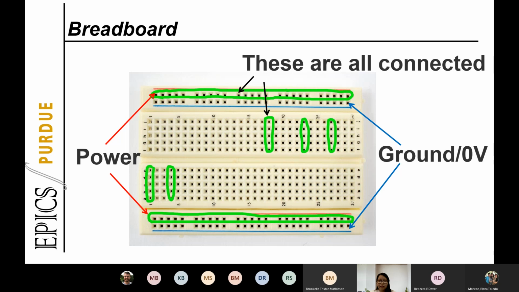What is important is that if you energize this little dot here, it immediately will energize the whole row over here. Next to it is the ground, and you can energize this one with the negative part of a battery, and the same will happen. It will energize the whole row, and the same on the other side.